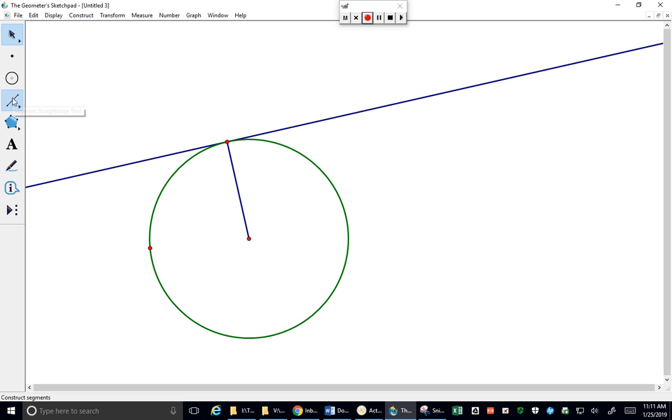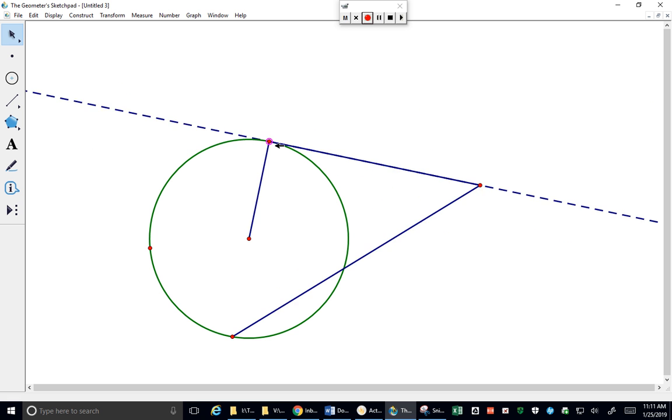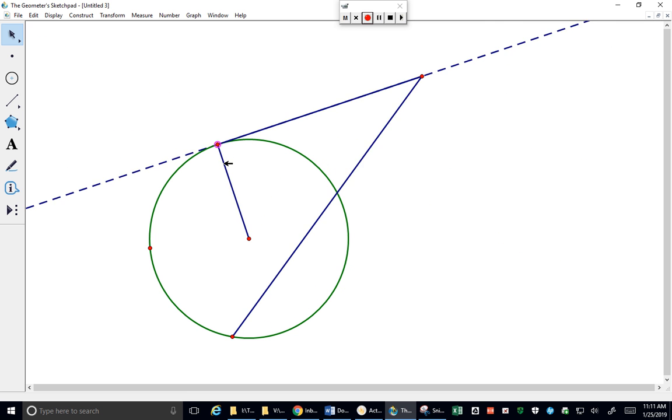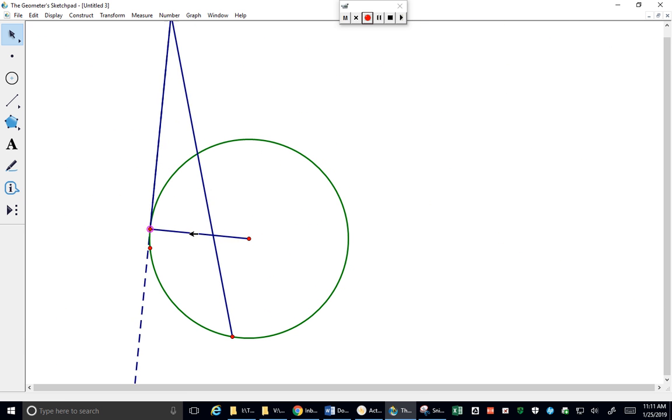So now I'm going to draw a secant, which is going to go from down here to over there. So there's where it intersects. And then let's just bring it down to here. So this is my tangent line. This is my secant line. Okay, no matter where it goes, it will always stay tangent, and it will always be secant, no matter what.